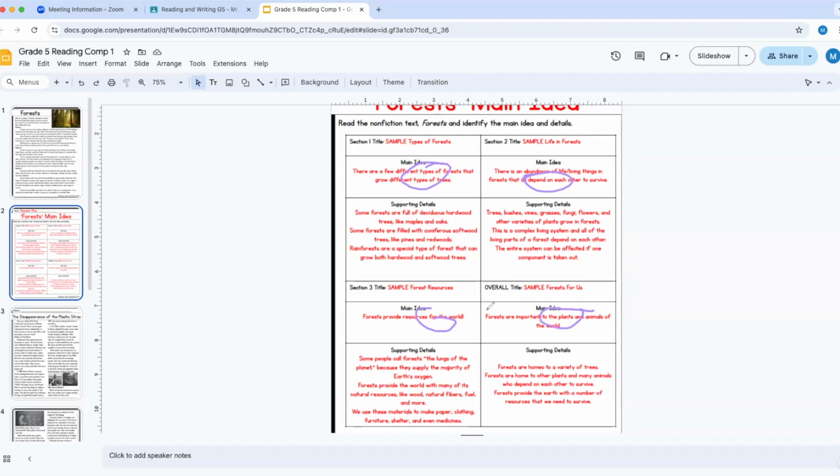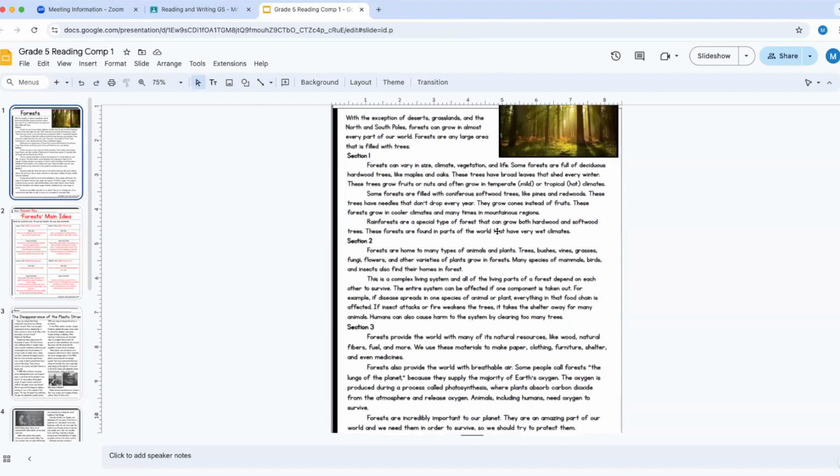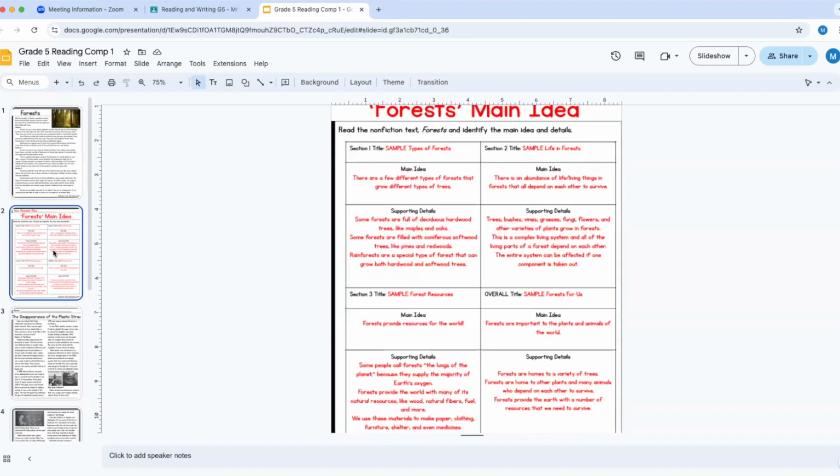Okay, so I'm going to ask you now, let's see how you do. What I'd like you to do is share this in the chat. Actually, no, first send it to me in the chat. I would like you to write one short sentence, the main idea of the whole passage, the whole thing. And this is how you do a main idea.